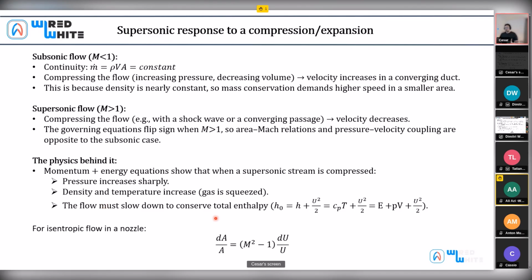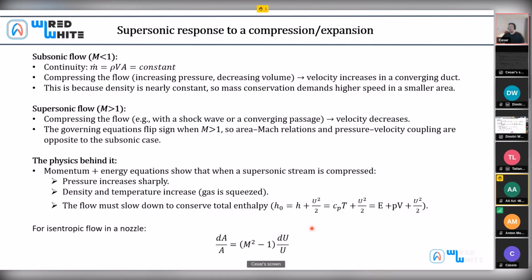But because the process is so quick, we have an adiabatic process, and therefore the total enthalpy has to remain constant. This total enthalpy is normally a function of the internal temperature and the velocity. So if this magnitude has to be constant, and we are increasing the temperature, the only physical mechanism to keep the total enthalpy constant is by dropping the velocity. So we are converting kinetic energy into thermal energy in this process.